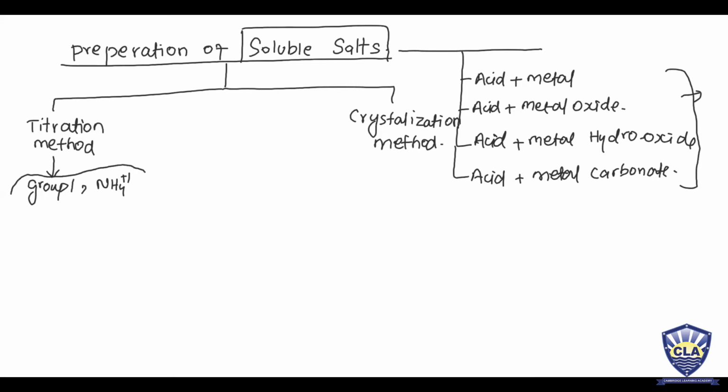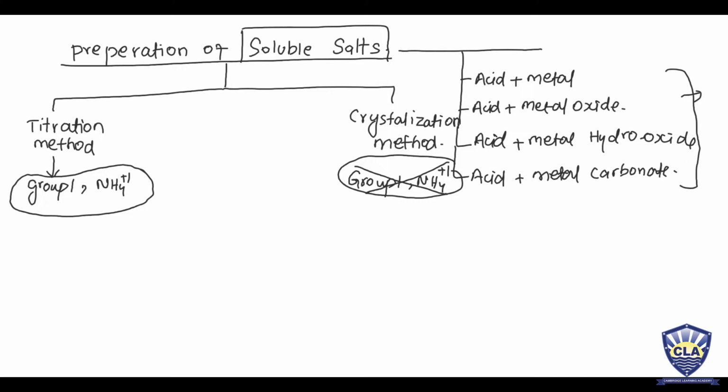If these are present and the salt is soluble, then you can use the titration method. And if you do not have a group 1 metal or ammonium, and you have any other metal like group 2 metal, transition metal, group 3 metal, then you have to use the crystallization method if the salt is soluble.